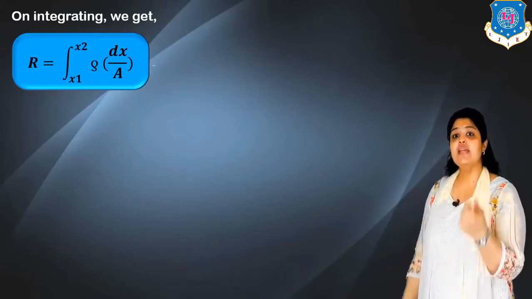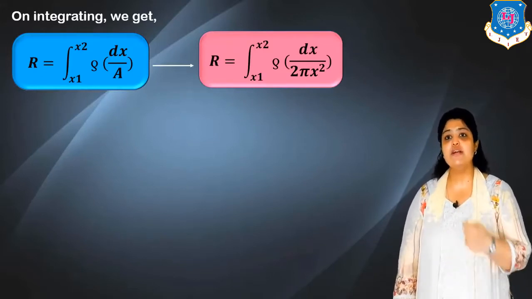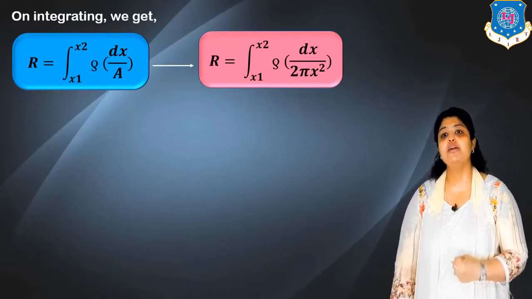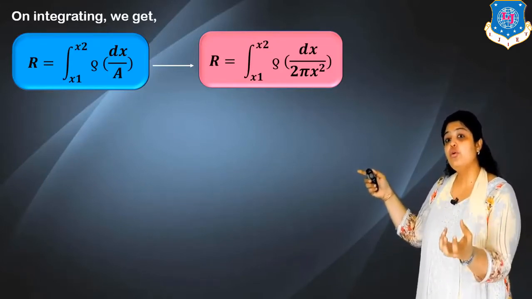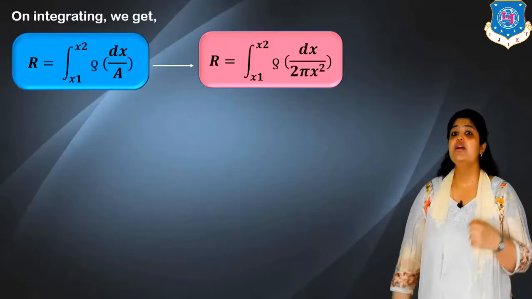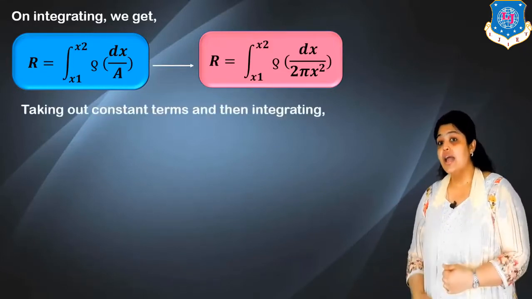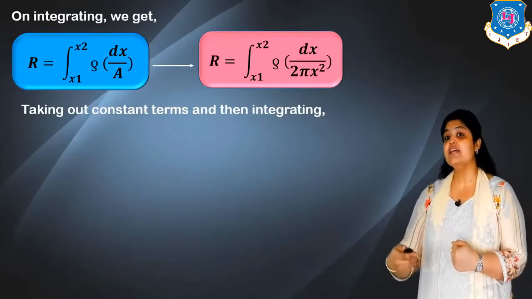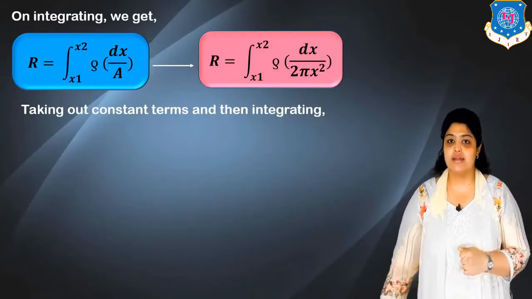So substituting the equation of area, we get R equals integration x1 to x2 rho dx upon 2 pi x square. You can see from this equation that the terms rho and 2 pi are constant. So taking out the constant terms and then integrating. Integration here will be integration of 1 upon x square dx, which gives us minus 1 upon x.